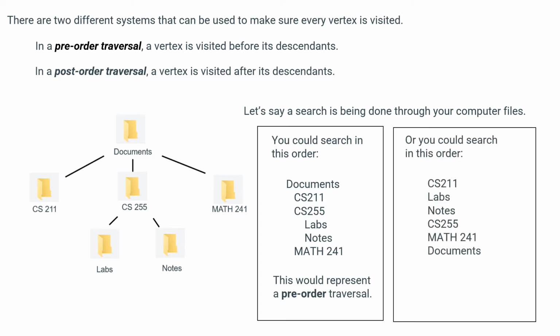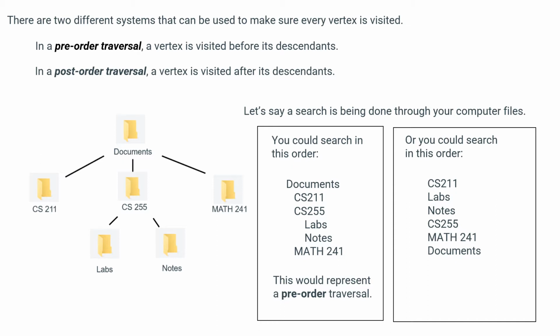Or we could do it this way. We could basically think about it as going to the ends of the branches, starting there, and then going back up. So starting on the left here, we can go as far as we can to CS211 and we could search there. Then in the middle, we go as far as we can down to Labs and Notes.